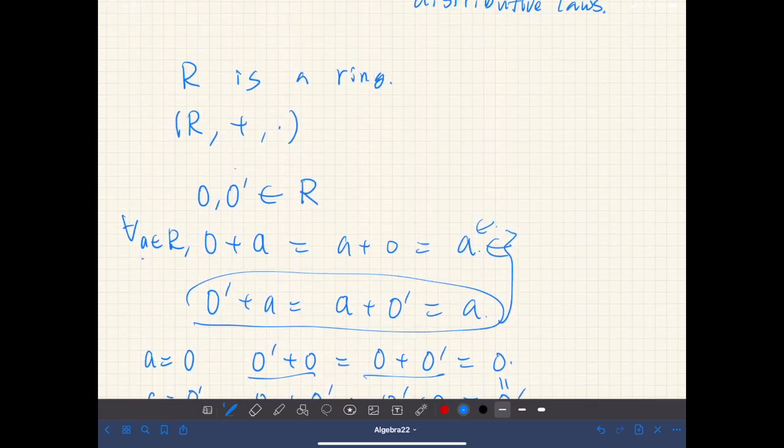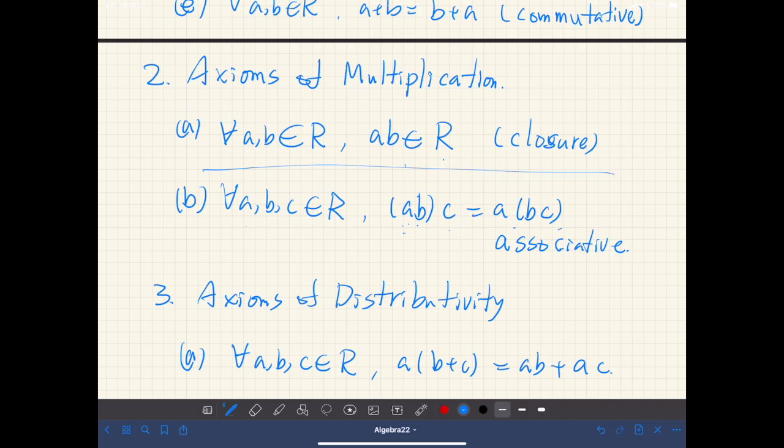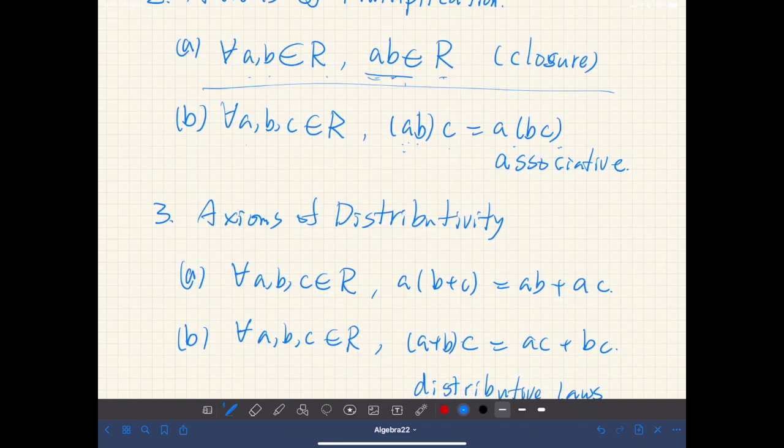And also, then let's see multiplication. So this is again closure. If a and b are elements of R, and if their product is not an element of R, then we are in trouble. So if we are dealing with a ring, then we assume it is closed under multiplication. And for associativity, it's the same thing.